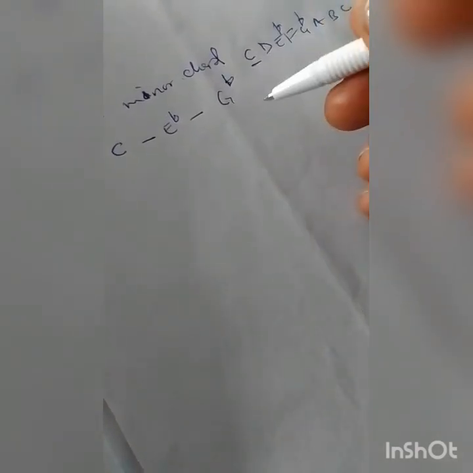A diminished fifth has 6 semitones, and a minor third has 3.5 semitones. For a diminished seventh chord, you have two options. The first option is a half diminished chord, and the second option is a full diminished chord.